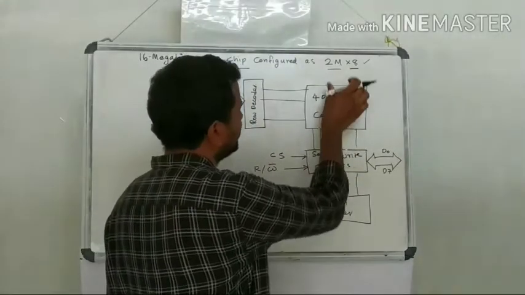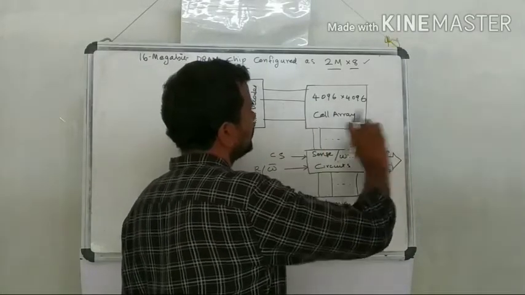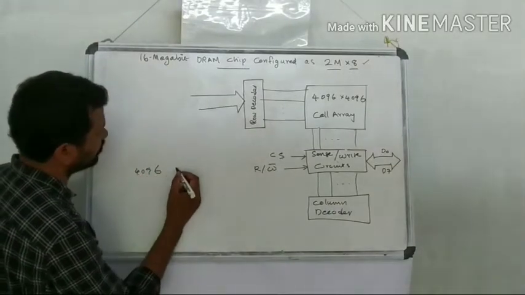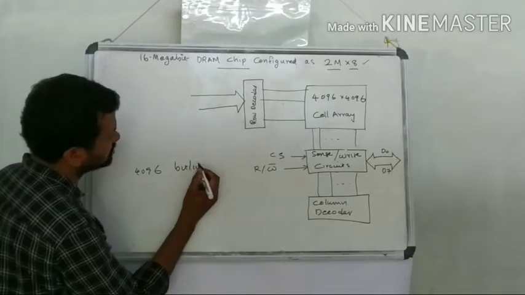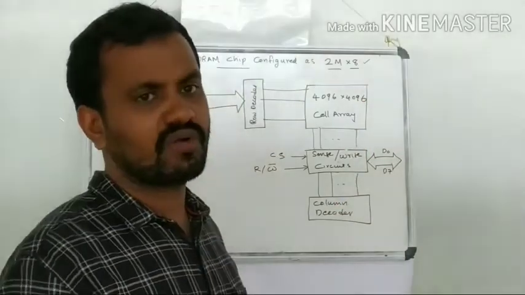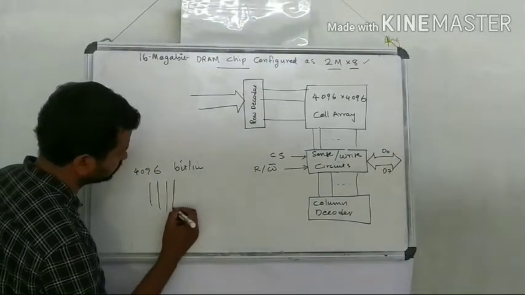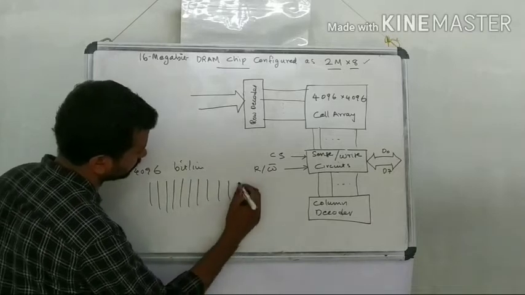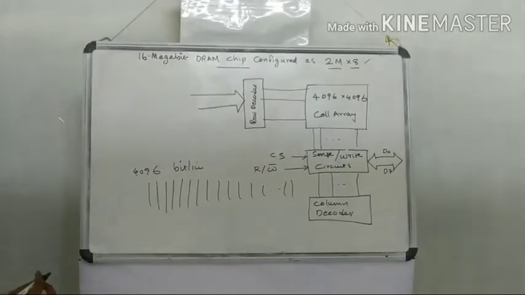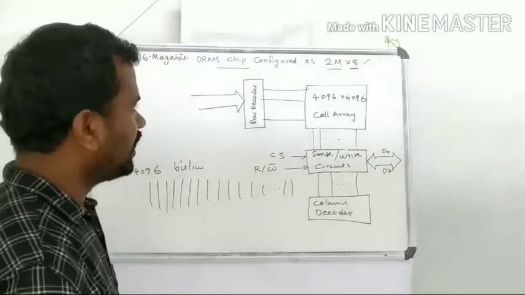So that will read an entire row, and we will have the row value through 4096 bit lines. Assume that these are our 4096 bit lines.